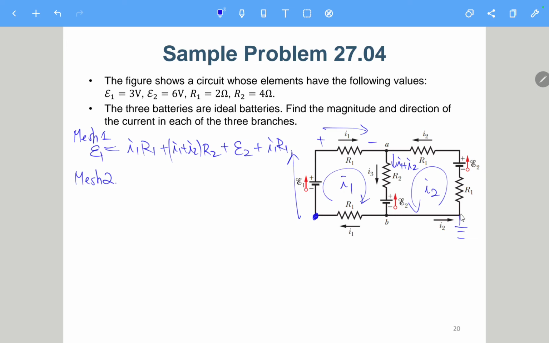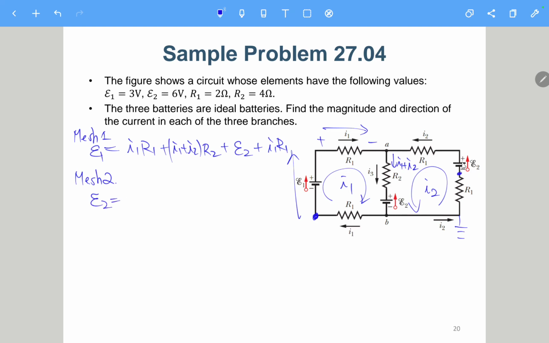let us start from here. We can see this is E2, this is another E2, so maybe we can start from here. This is E2 going down, so we have an E2 this way.